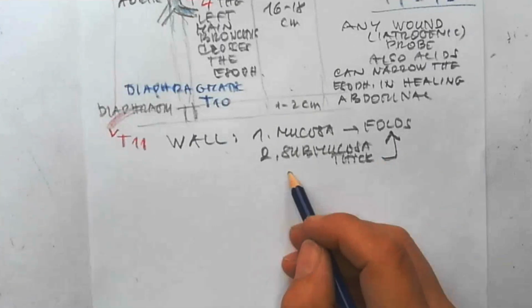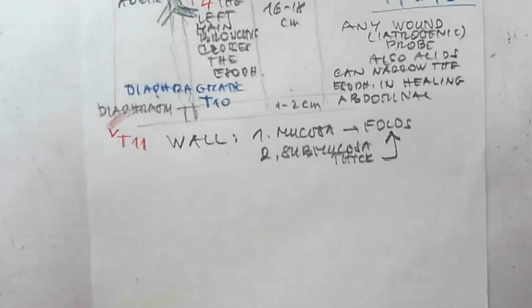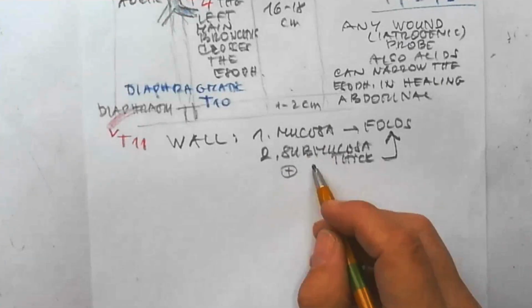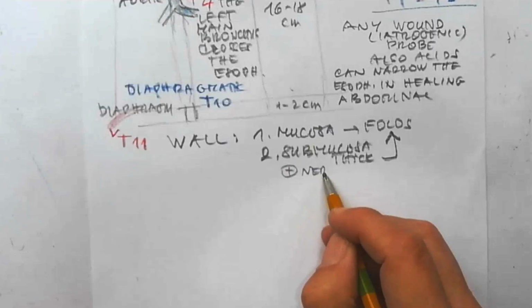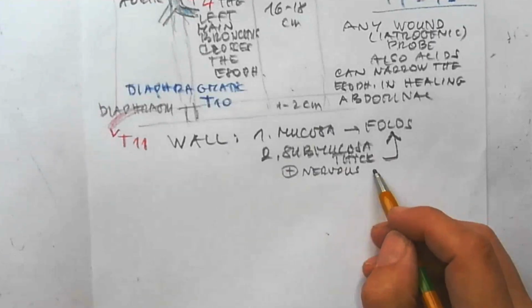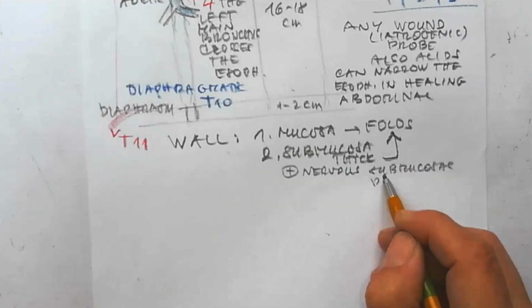Then submucosa also contains the submucosal nervous plexus.